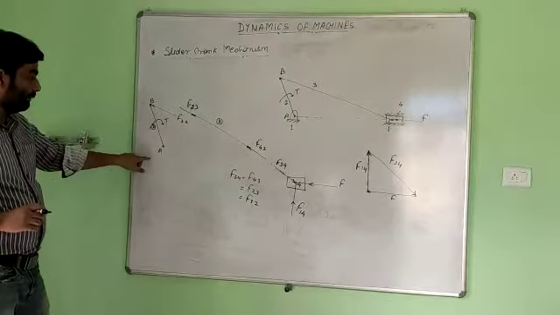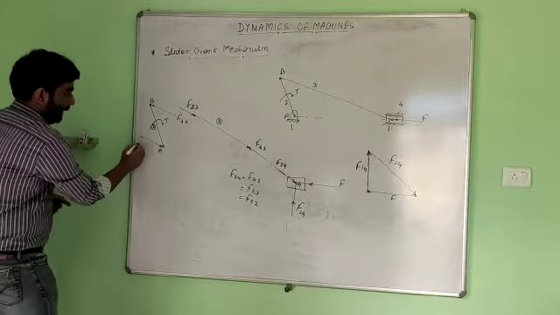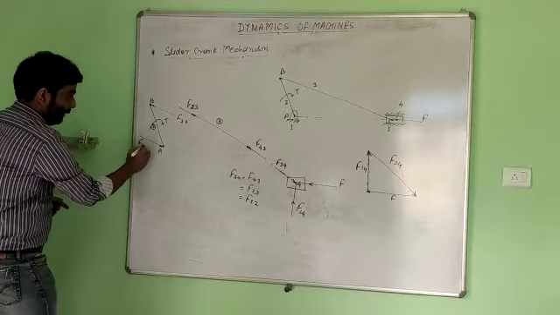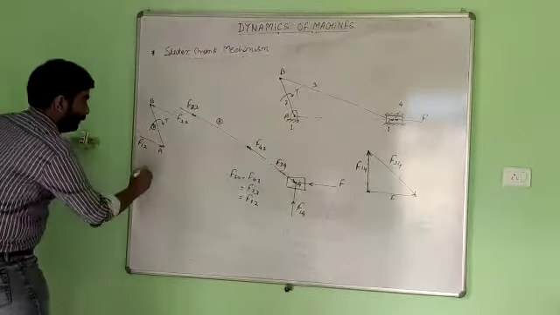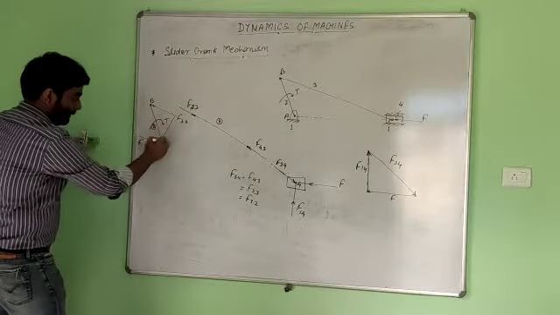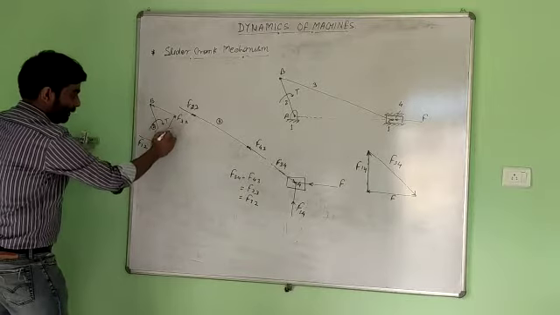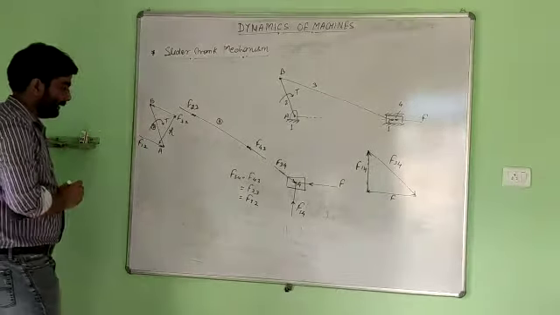The two forces will be parallel and equal. This force will be equal to F12. Here we can calculate the perpendicular distance between these two forces with the help of the configuration diagram.